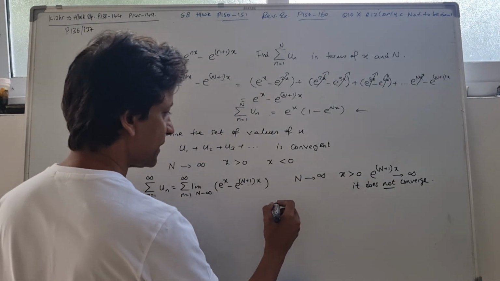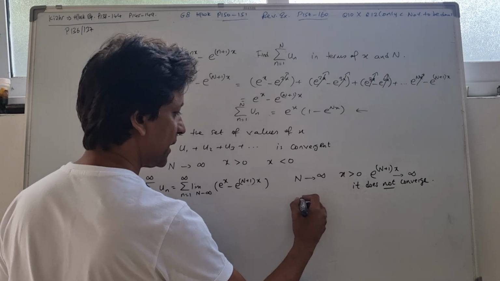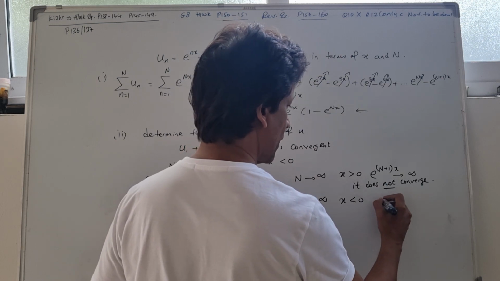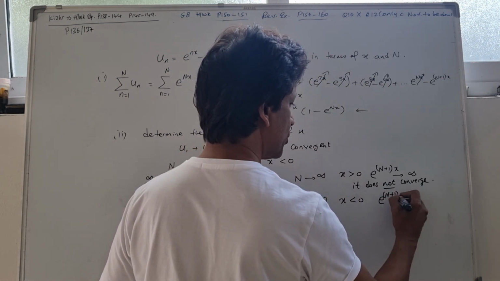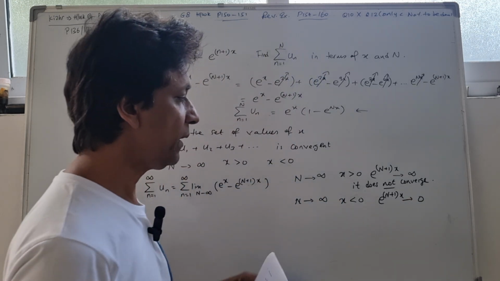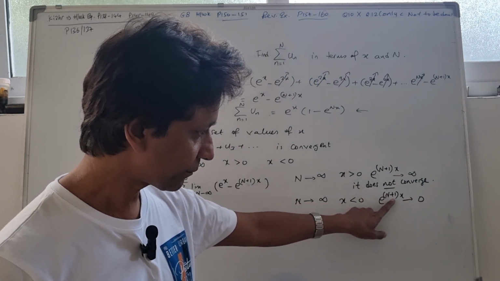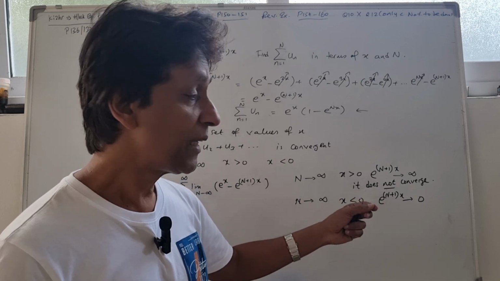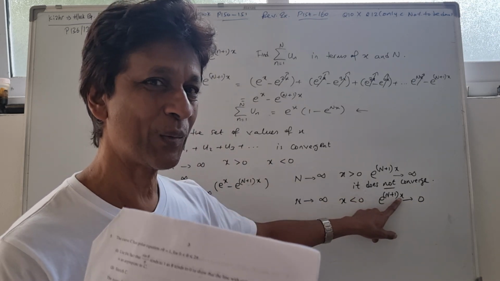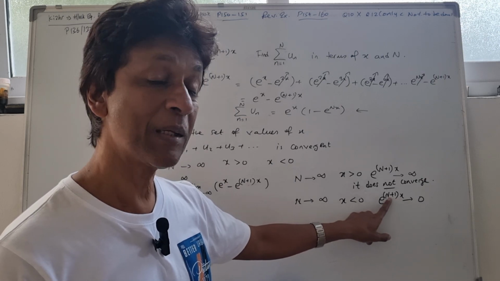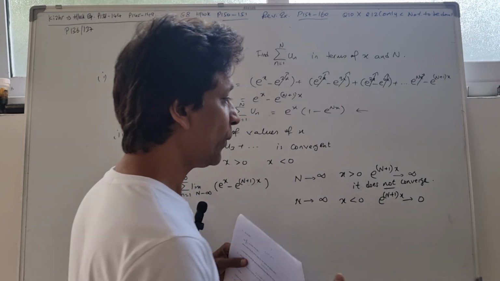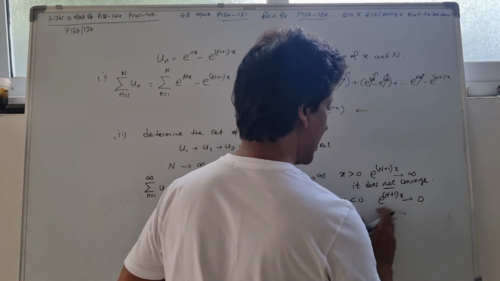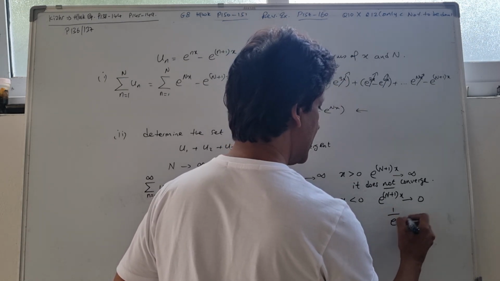So if n is approaching infinity and x is less than 0, then e to the (n plus 1) times x is going to approach 0. Why? Because x is negative and it's being multiplied by a very large value, so we end up with 1 over e to a very large power, because the power is negative.